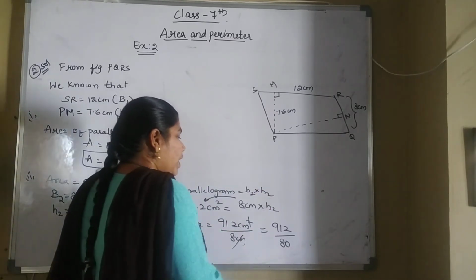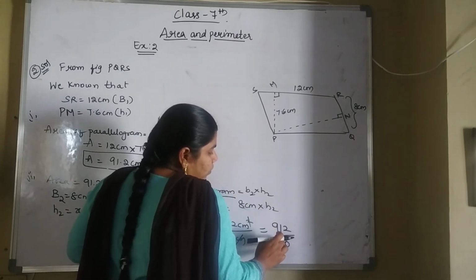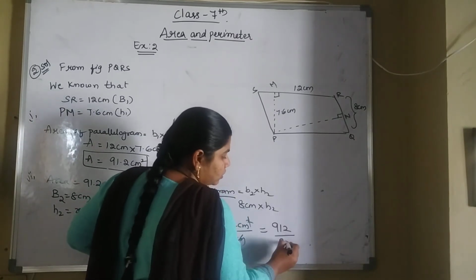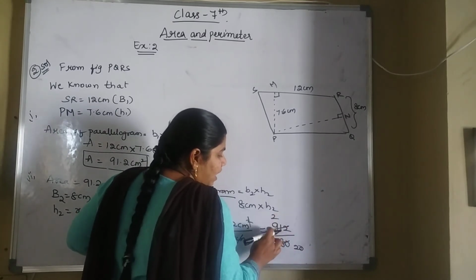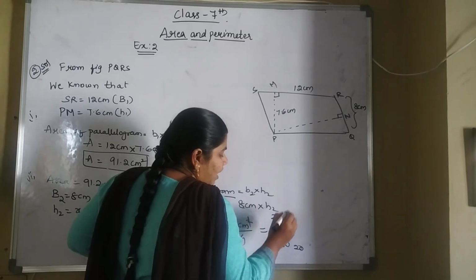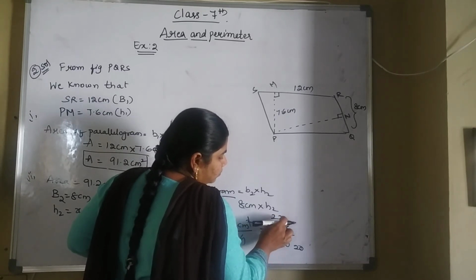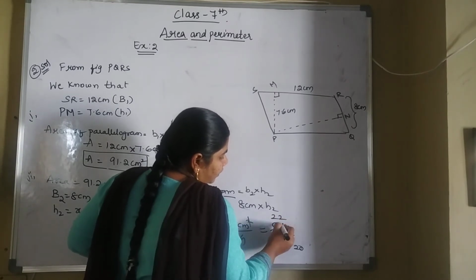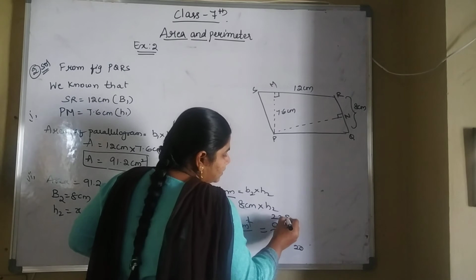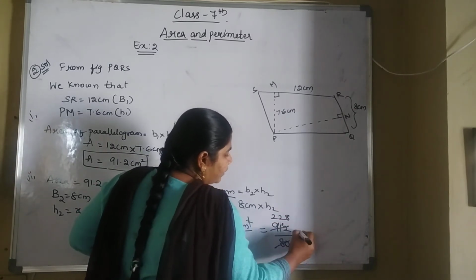Now I am cancelling in the 2 table. We can cancel in the 4 table also. 4 twenties are 80, 4 twos are 8, 4 twos are 8, so 3 will be remaining. 4 eights are 32. Now you got it as 228 by 20.